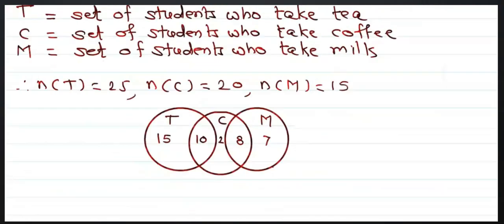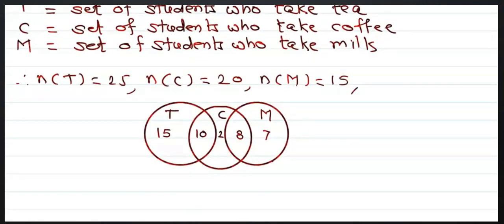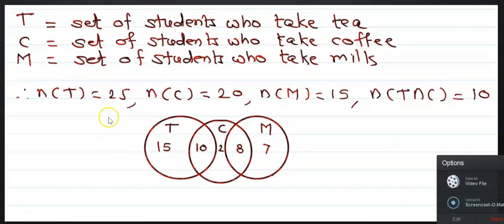Second, n of C, those who take coffee. Now see here, n of T, who take tea, is 15 plus 10, equal to 25. Coffee is 2 plus 8, 10, 10 plus 10, 20. And milk is 8 plus 7, that is equal to 15.